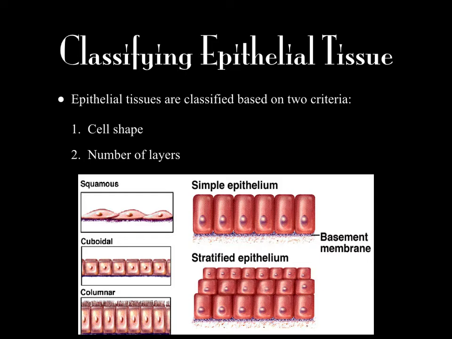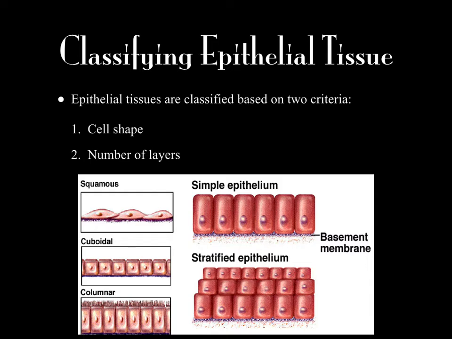Now, when you begin looking at specific tissues, it's sometimes difficult for you to see the outer plasma membrane of each individual cell, which makes it a little difficult to identify the tissue based on shape. But the thing to remember about classifying tissues based on shape is that the shape of the nucleus is reflective of the shape of the cell overall.